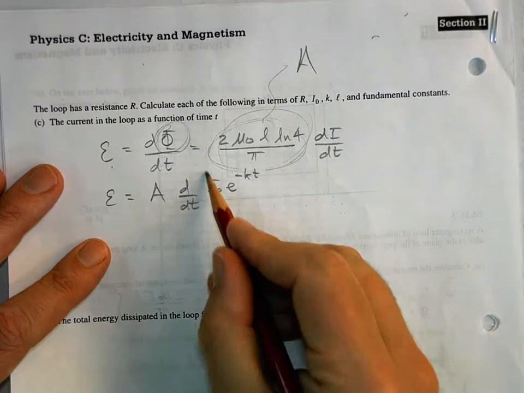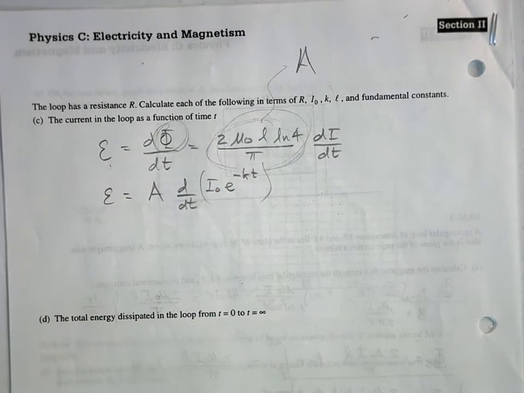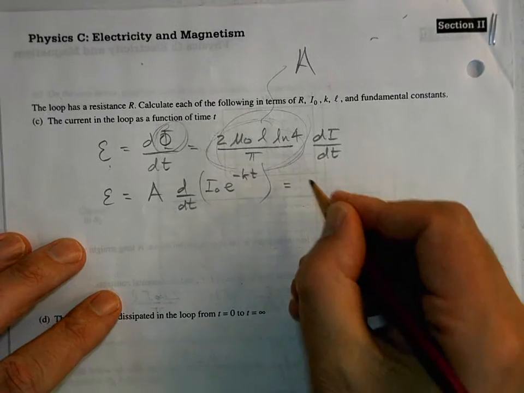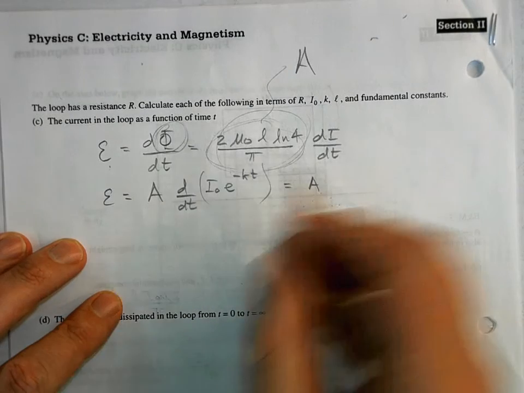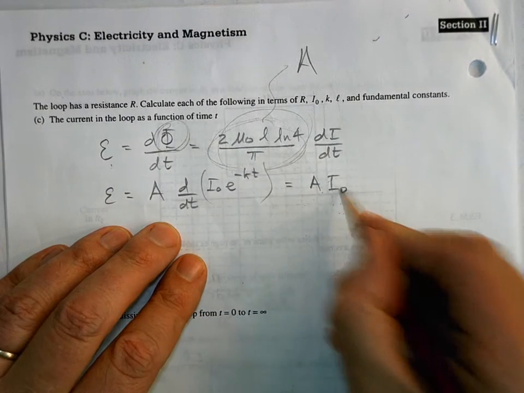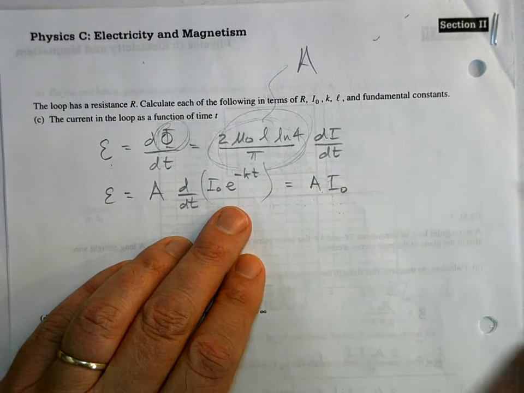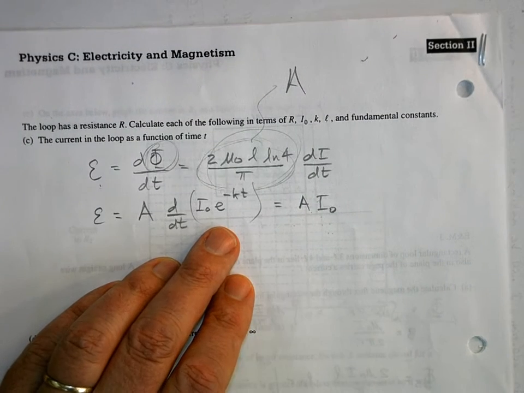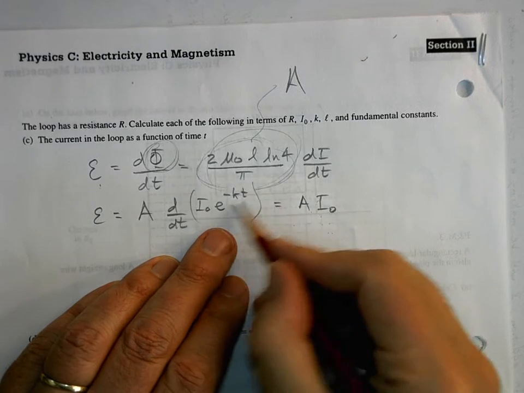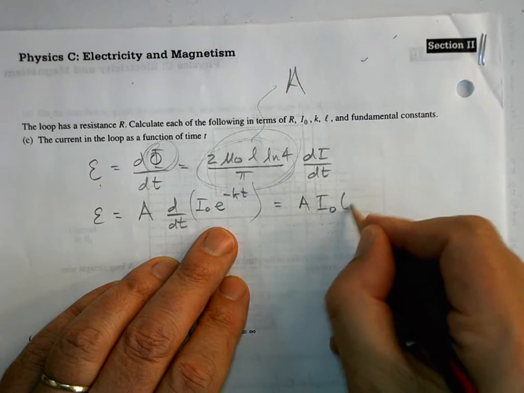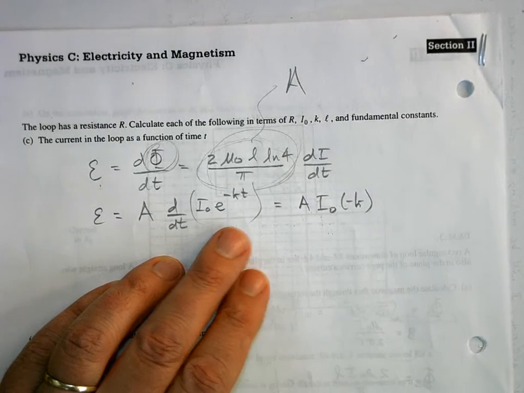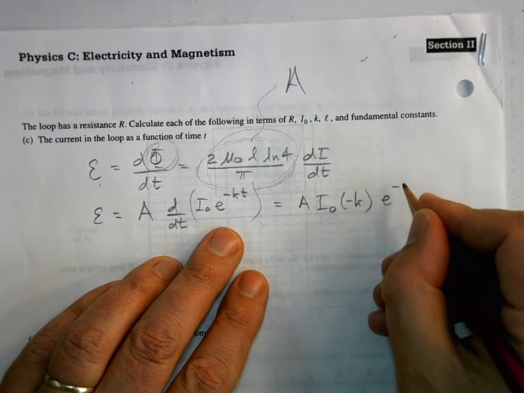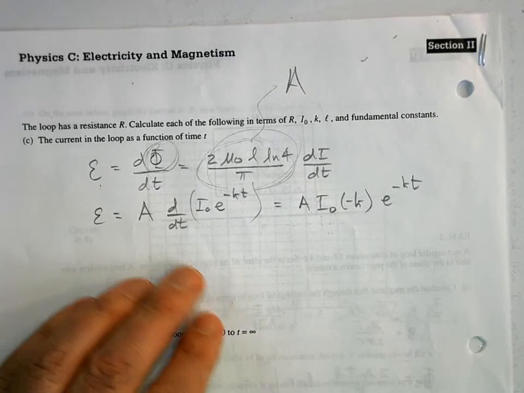So we're going to take the derivative of that. So that's going to be A, I naught. And then what is the derivative of e to the negative kt? We'll use the chain rule. You got negative k, and then just e to the negative kt. That's the derivative of it.